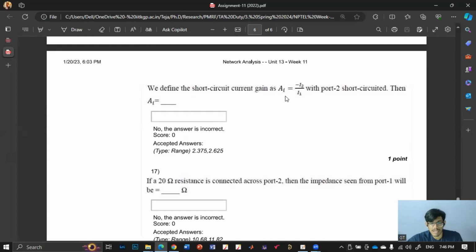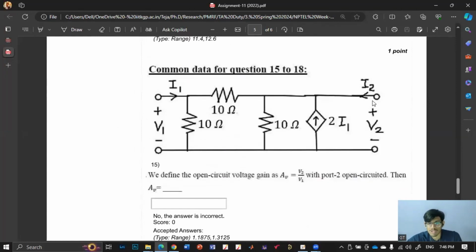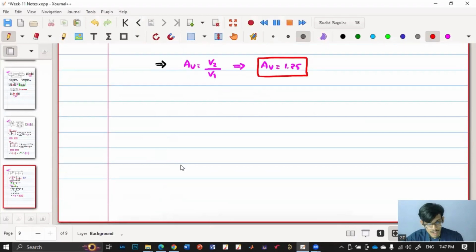In the second part, they're asking for -I2/I1 when port 2 is short circuited. If port 2 is short circuited, then this can be removed. So we have 10 ohms here, 10 ohms here, and this 10 ohm can be removed, with 2I1 and one short circuit path. If I redraw the circuit, we will get something like this.